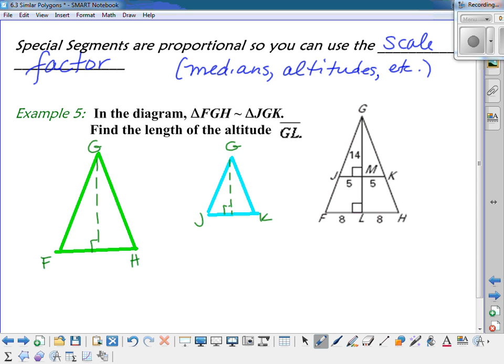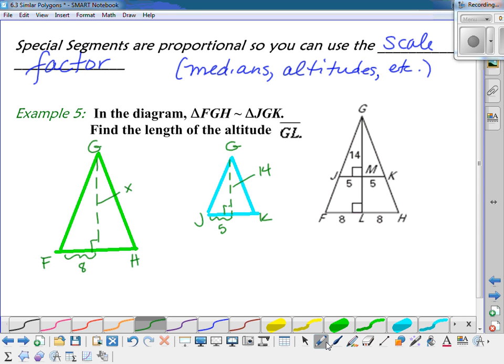So they told me that this segment here was 8, and this segment here was 5, and the altitude, GM, was equal to 14. And this is the one I'm trying to find. So I can set up a proportion using the corresponding parts.